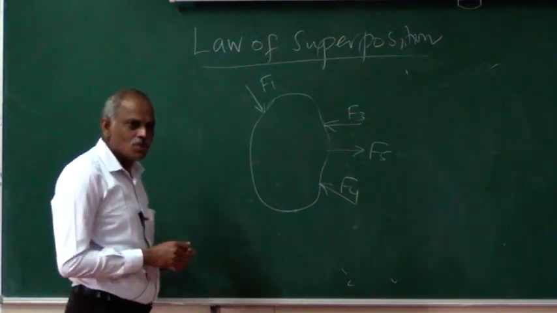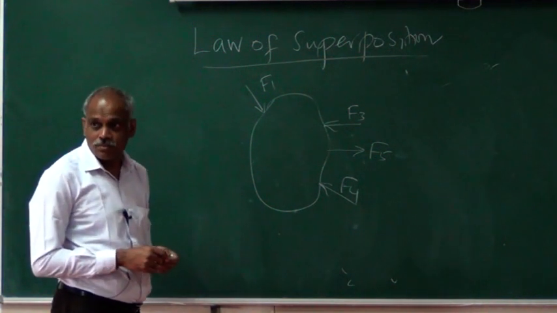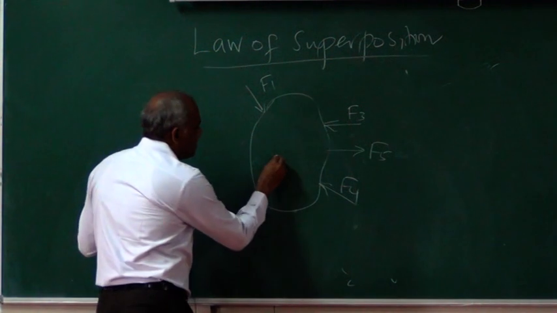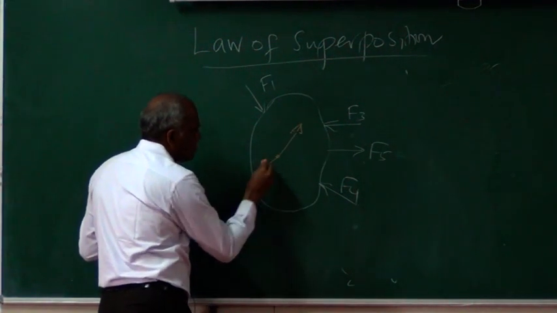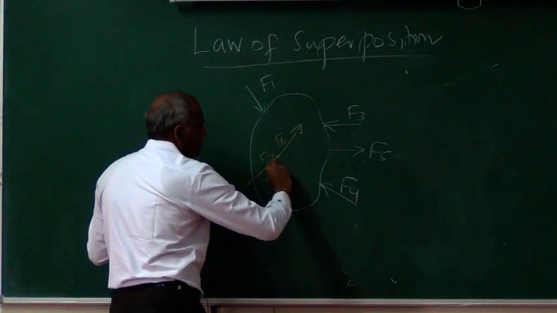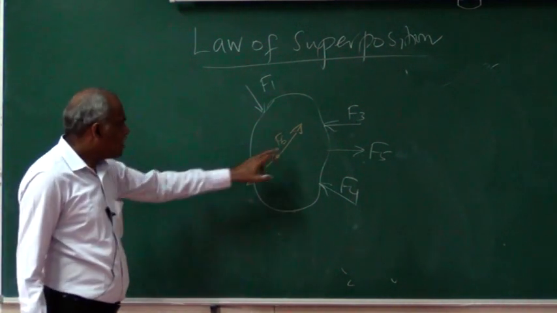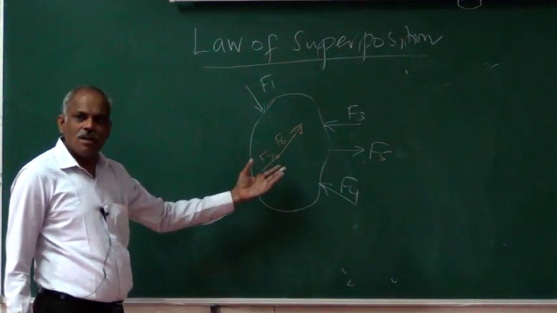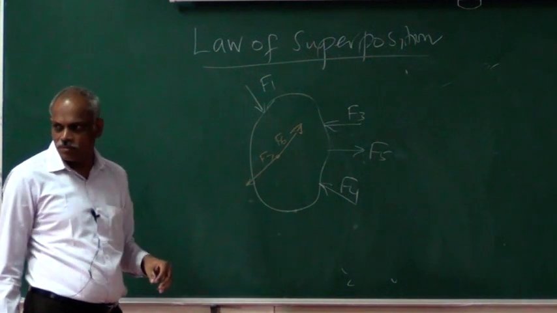Now if I introduce another system of forces, for example, I introduce a system of force which is say F6 and F7. So F6 and F7 is another system of force I am introducing.